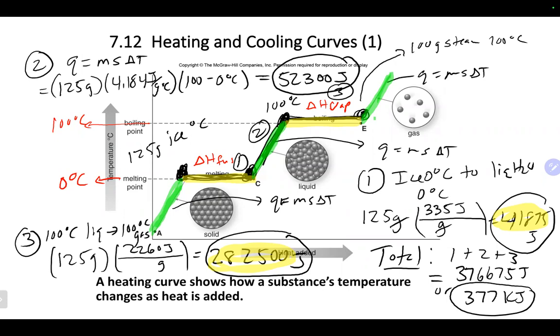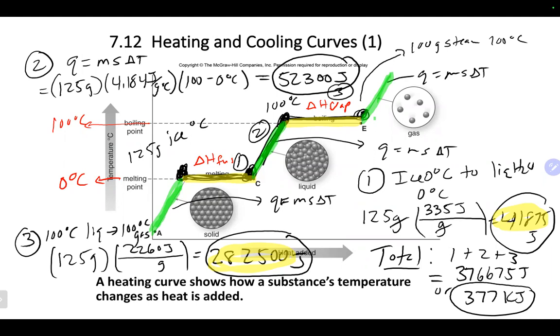So our first step would be negative 335, which would give you a negative number. Our second step, instead of going from 100 to 0, we would be going from 0 to 100, which would give us a negative. And our last step there, the 2260, would be negative. So you would end up with the exact same number, except that it should be negative because it's exothermic and the energy is being released as you do that.